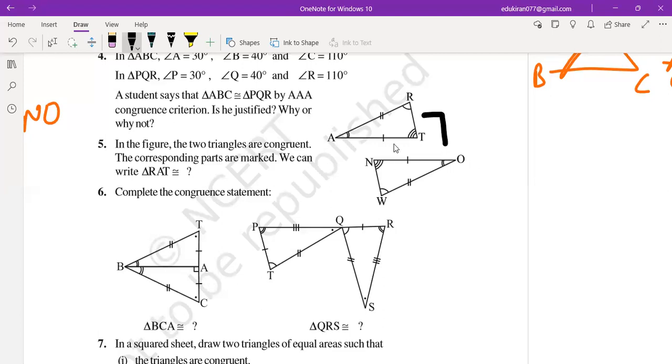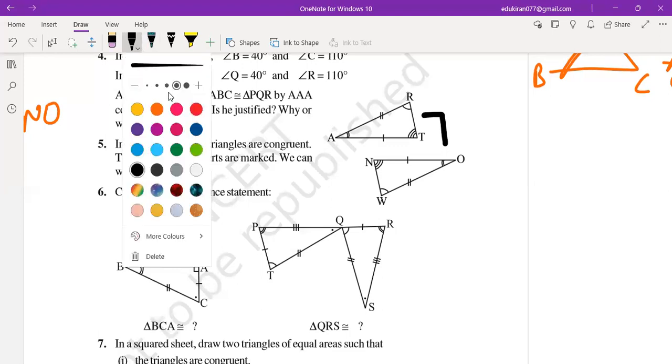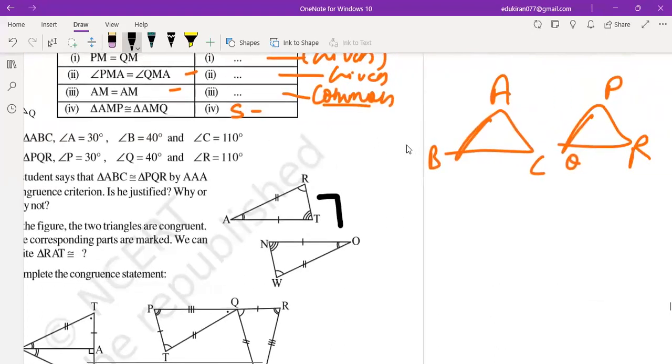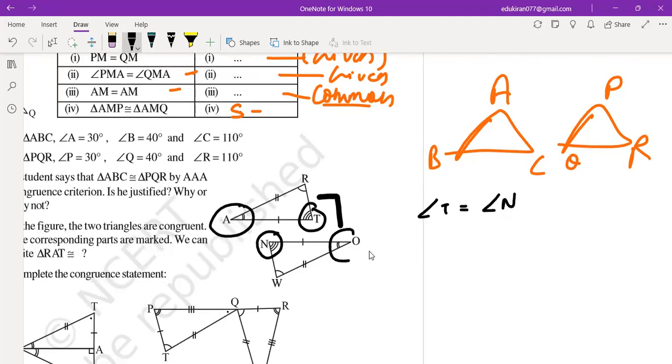Okay. Now in this one, basically, let's just do. In these two triangles, first one, you can see this angle T is equal to this one, which is equal to angle N, right? Angle A is equal to angle O. Basically triangle RAT is congruent to triangle WON because of these conditions.